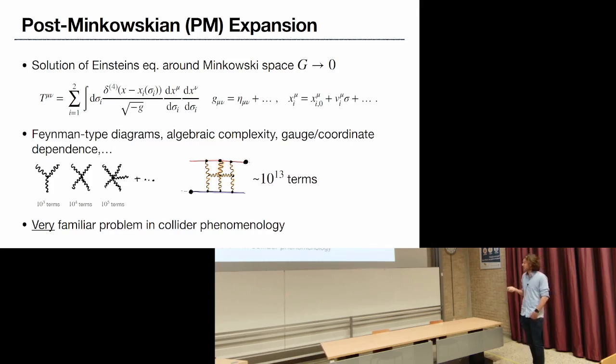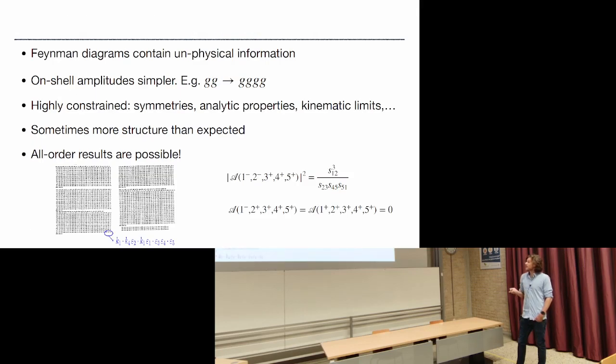If you just do back-of-the-envelope computations, you see that at some point, maybe not at the present order, this will be very intractable with Feynman diagrams. And this problem is, of course, very familiar in other corners of physics as well. The solution around this is by adopting an on-shell perspective on the problem, focusing on scattering amplitudes.